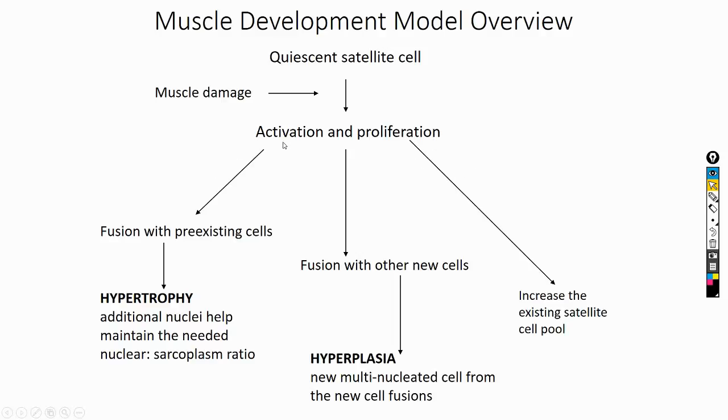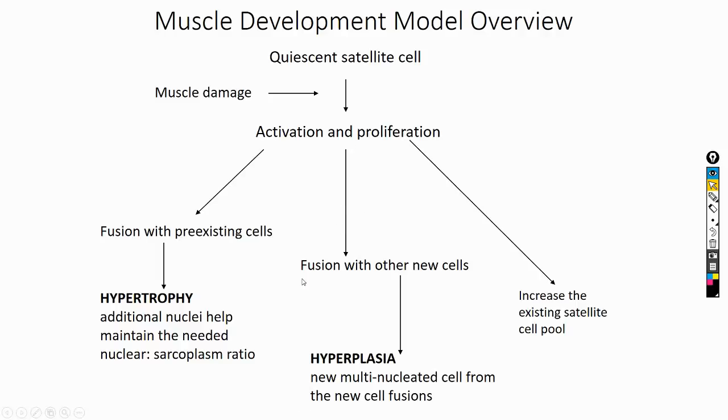Okay, one, those satellite cells will activate and they will fuse with an existing cell, and that is hypertrophy. Okay, it adds a nuclei because when that satellite cell fuses with the existing muscle fiber, it essentially becomes a new nuclei to help maintain that ratio of nuclei to fibrils.